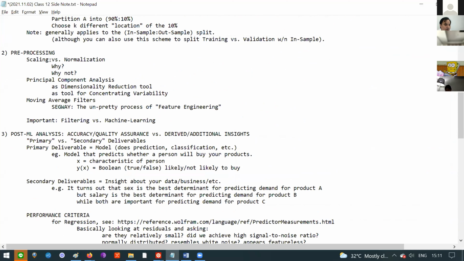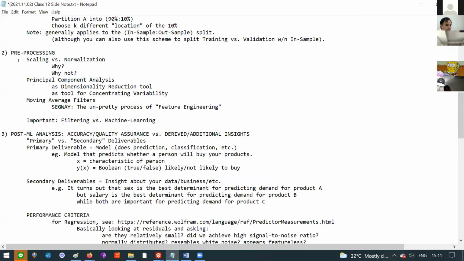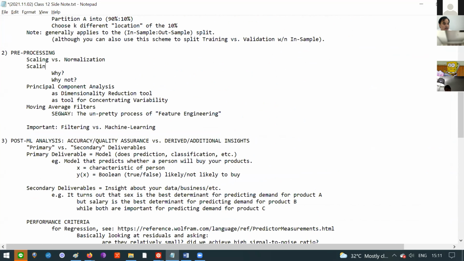Right. So this pre-processing, I think I may have mentioned a little bit last time, basically scaling versus normalization. Let's say scaling. This is where you take all the x.